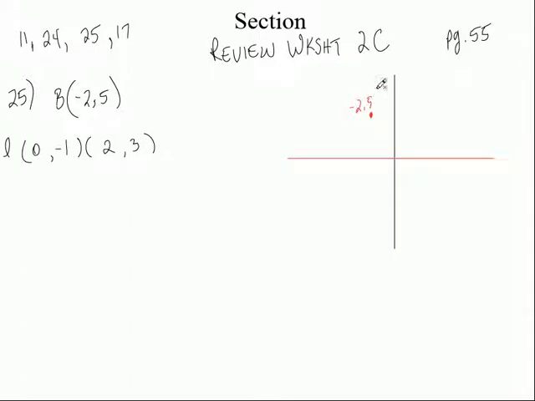Now watch, these 2 points form a straight line. 0, negative 1, which would be right here, and 2, 3, about like that. Now you got to understand which one to make the line out of. It's these 2 right here. This is the point that's not on the line. So here's what the line's going to look like. Something like this. And here's the point that's not on the line.